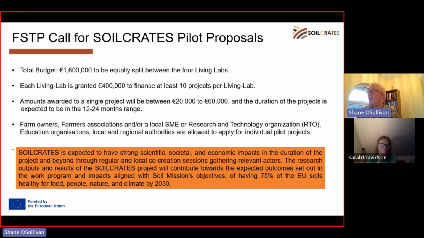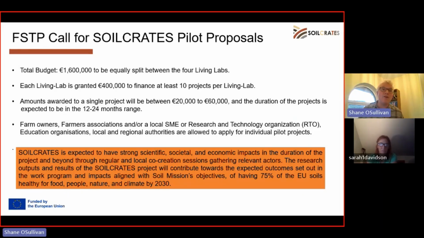And the duration of the projects is expected between 12 and 24 months. However, I will state here quite clearly, we would expect every project to last about 24 months, because the amount of time it takes to do the experiments and to see the results come to fruition will take time, and therefore 24 months is seen as the optimum amount of time in order to engage in the experimental work.